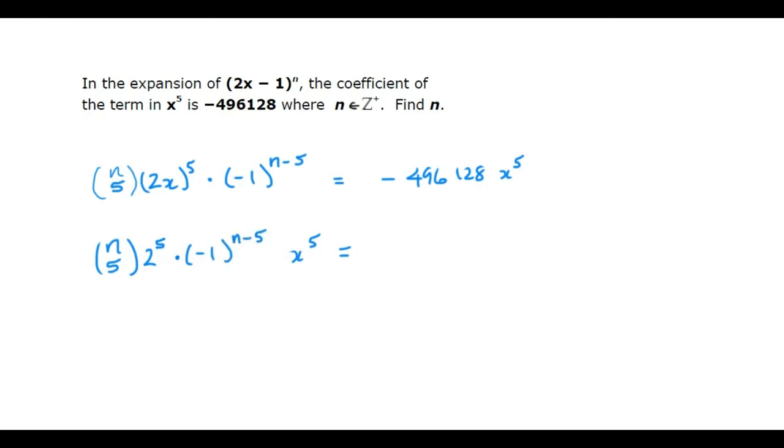So this is the coefficient that we're looking for, and that should be the same as the coefficient on the other side, which is negative 496,128. Similar to the last problem, we really don't need to worry about the x to the 5 at all now. We handled it by making sure that our 2x was to the power 5, so in our coefficient we have to include 2 to the power 5.